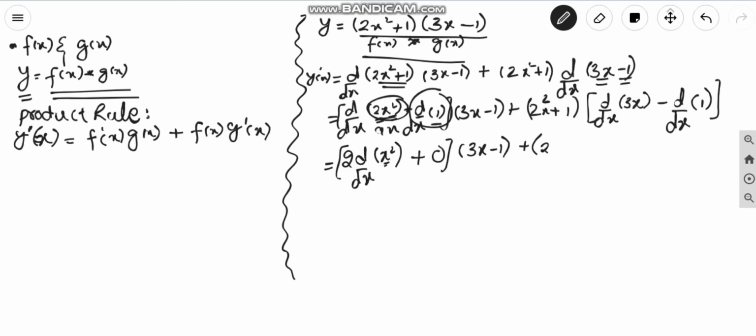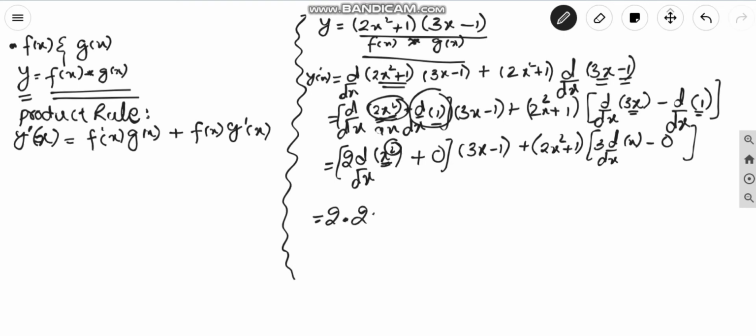Now this is 2x square plus 1. This function is again in the form of ax. So place the constant at the start and take the derivative of x minus the derivative of the constant 1, which is 0. Now 2, and this function is in some powers of x, so we will apply the power rule.